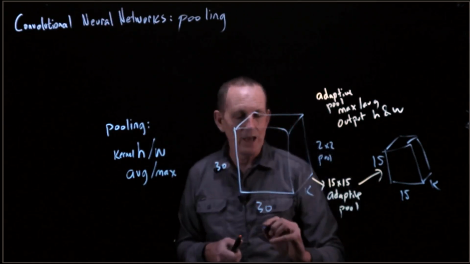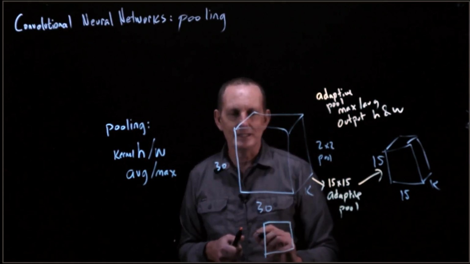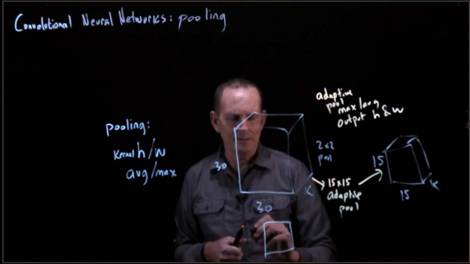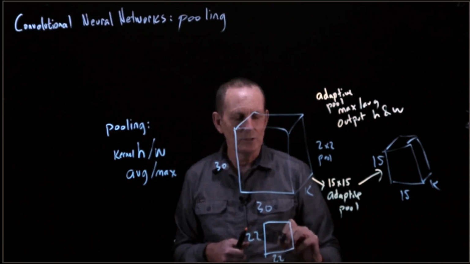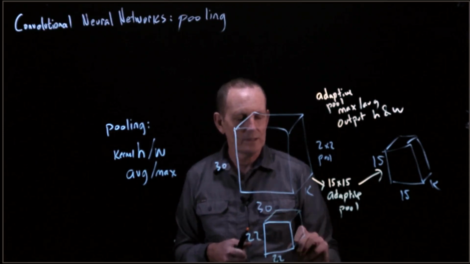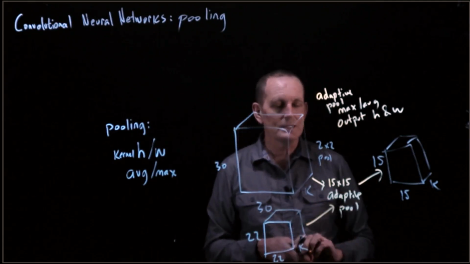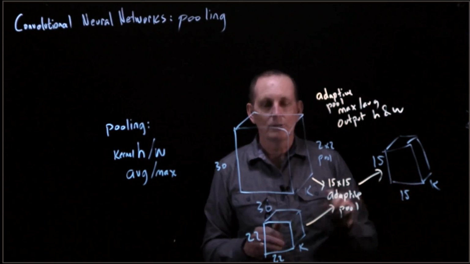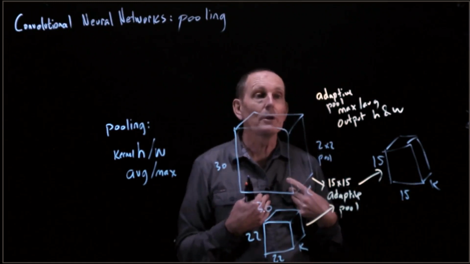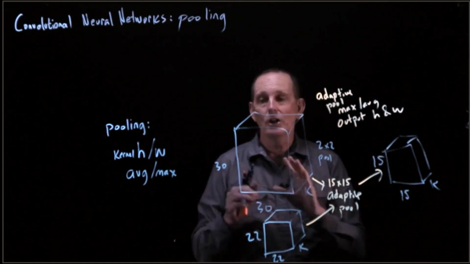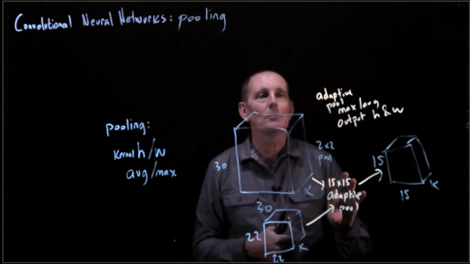If, on the other hand, you have an input that is a different size, and this is definitely not to scale, my apologies, but let's say we have a 22 by 22 by K. Then, if we feed this into our adaptive pool, this would still end up with a 15 by 15, right? If we ran this through a 2 by 2 pool, non-adaptive, it'd turn into 11 by 11. But we may know in our network, we actually want to end up with 15 by 15, no matter what's coming in, whether it's a 30 by 30 or a 22 by 22. And so therefore the 15 by 15 adaptive pool is going to do it.